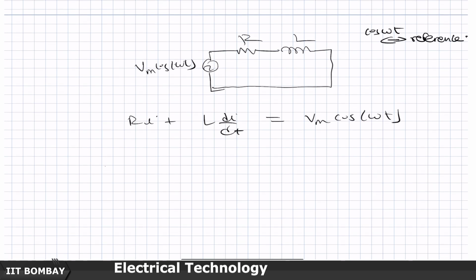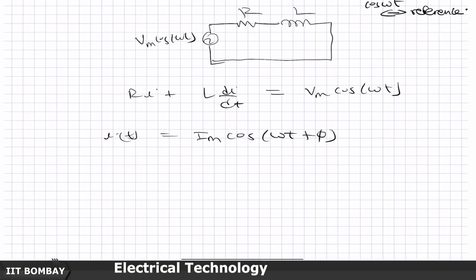The moment I say this, what I am trying to say is that I will take the current response as Im cos of omega t plus phi. This is what I am going to take, and I substitute it here. I can generalize it very quickly, but this is a class, so I am going to do that.